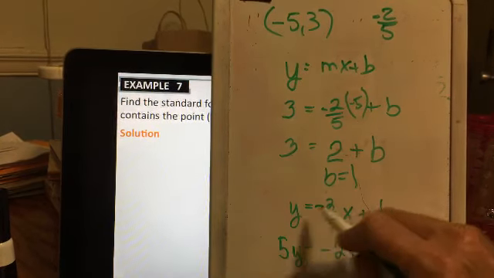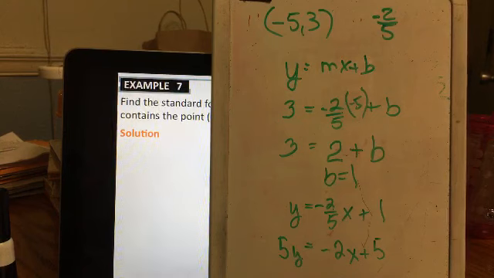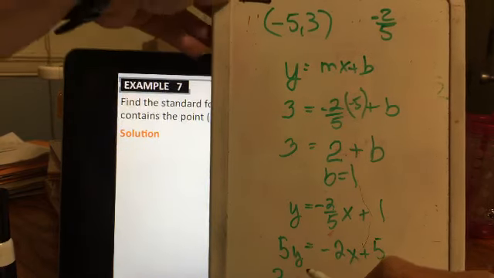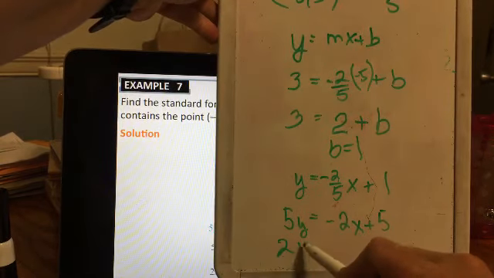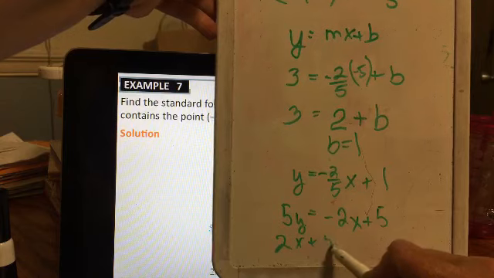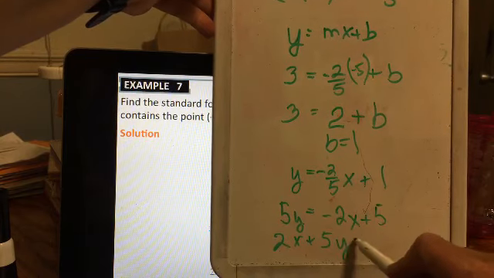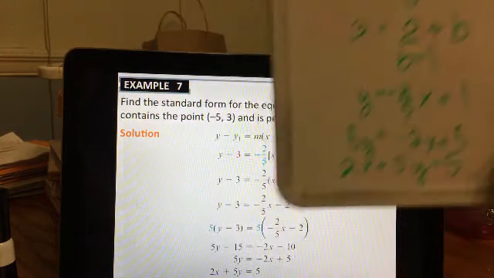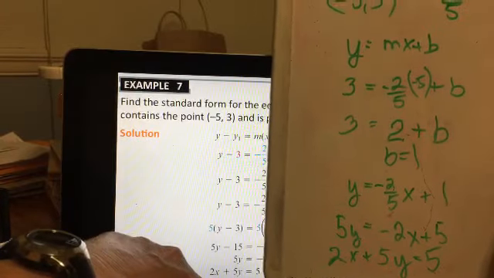I have to multiply every single term by 5. And now I need my 2x to be on the other side, so I get 2x plus 5y equals 5. 2x plus 5y equals 5.